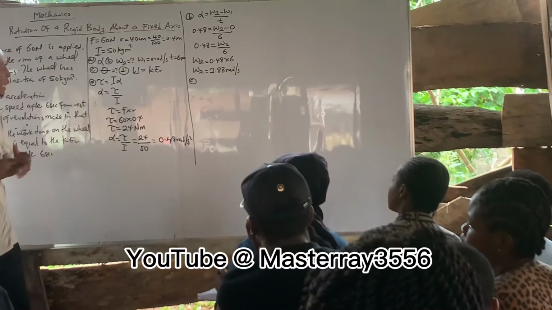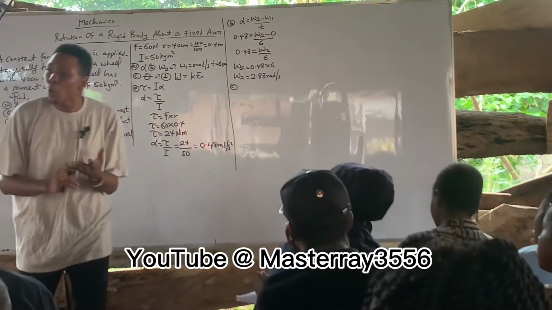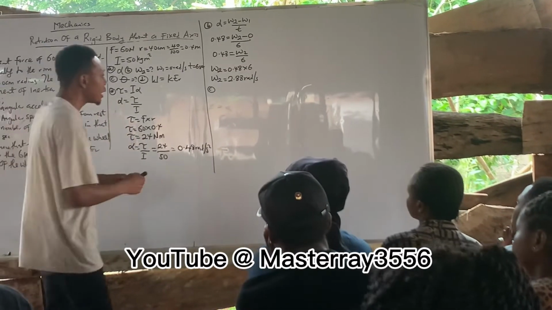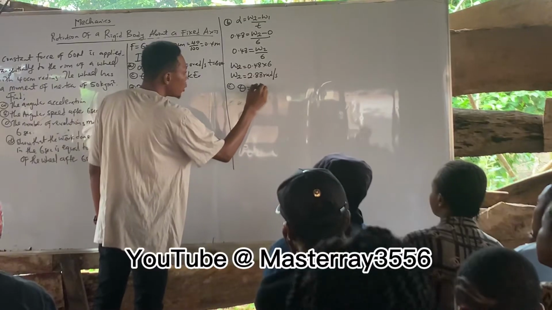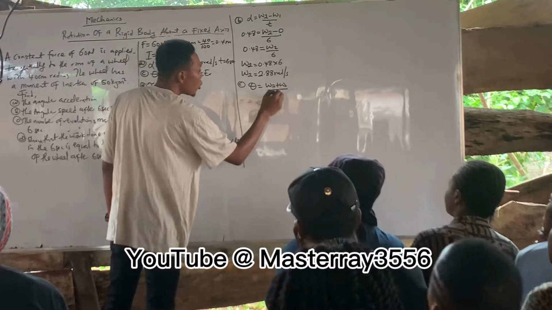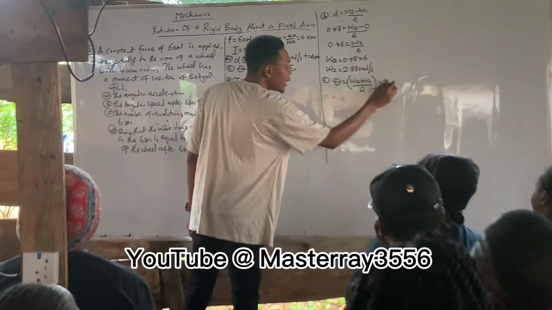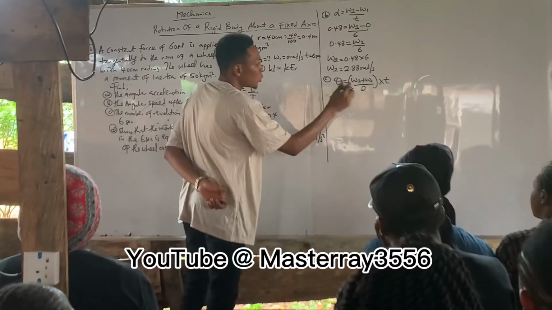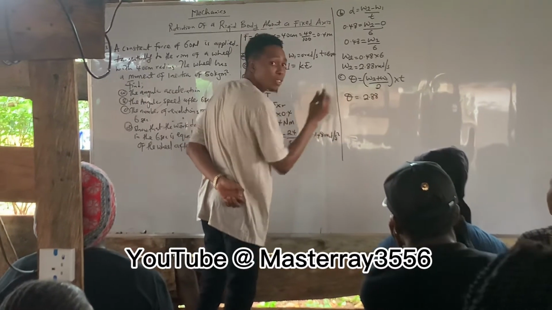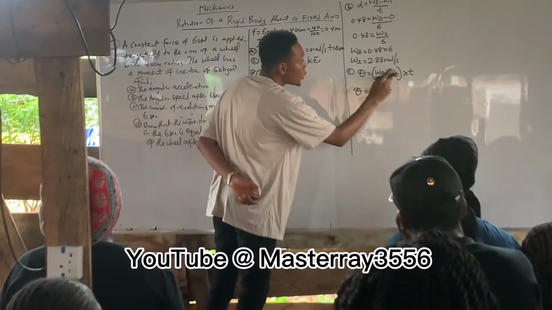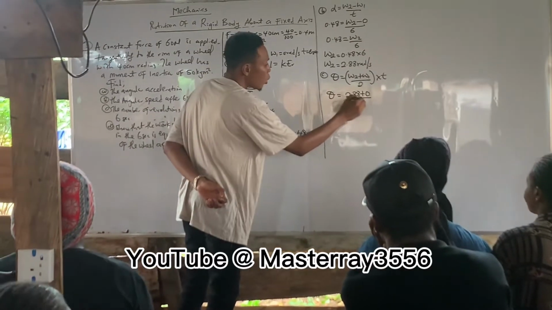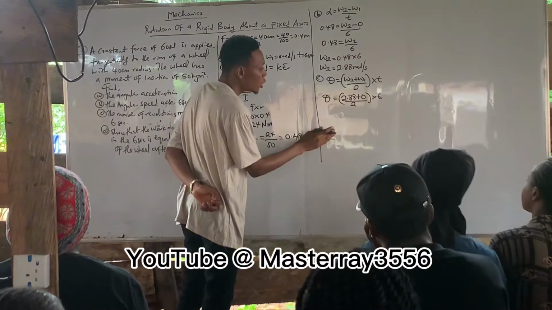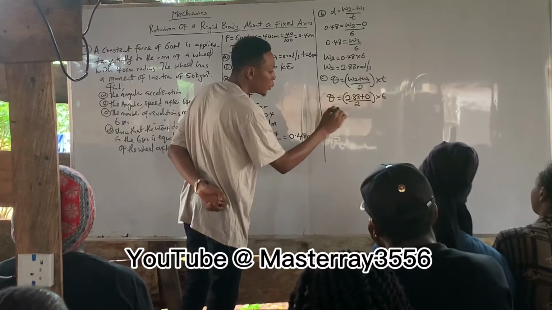Alright, the C part of it. We are asked to look for what? Theta. Now we have W2, we have W1, and we have time. You can get your theta, is it not? I gave you theta equals W2 plus W1 all over 2 times T. So theta will be equal to what's W2? 2.88. Are you following? Then plus what's W1? 0. All over 2. What's my time? 6. So 2.88 plus 0 is 2.88.